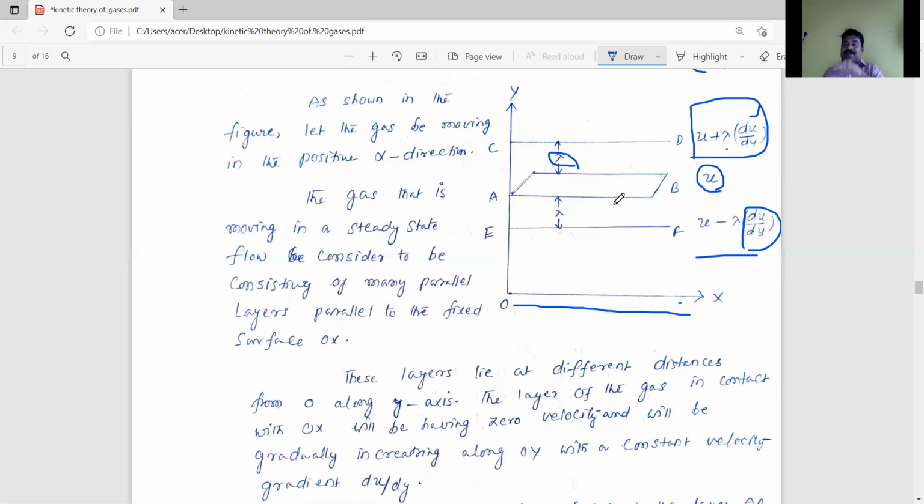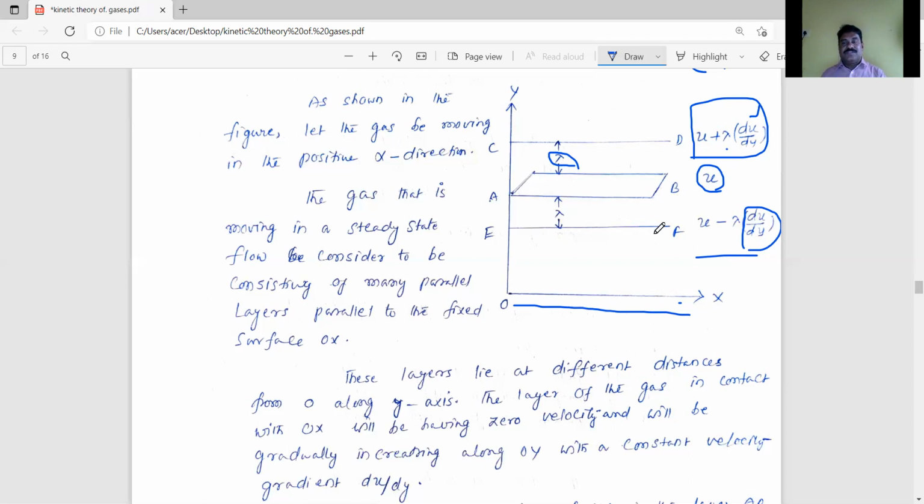That means a viscous force will arise which opposes the relative motion in between these layers. So the fast moving layer tries to drag this layer with it. At the same time, the slowly moving layer tries to drag this layer backwards. So like that, a viscous force will arise in between these layers.